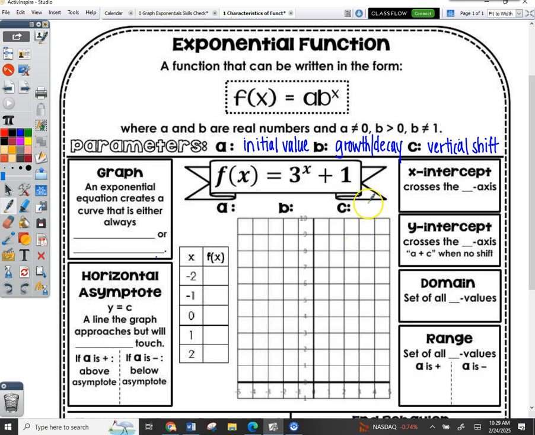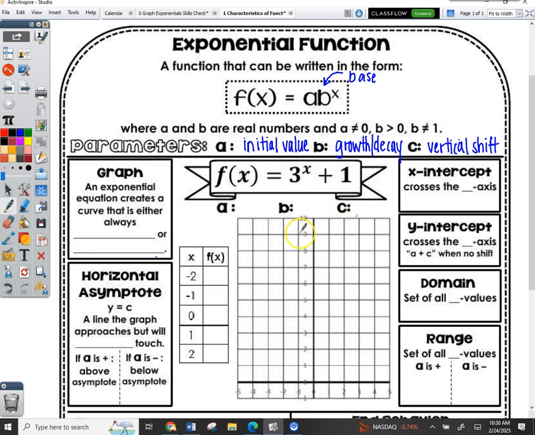So right here, I want you to look at this example. We got 3 to the x plus 1. Look over here at your formula. B is your base. Now I know we wrote growth or decay, but it's also the word base. So we're going to draw an arrow there. It's the base of the exponent.